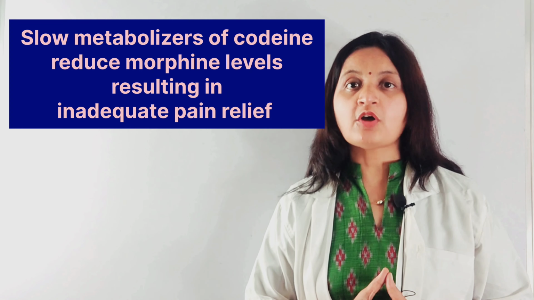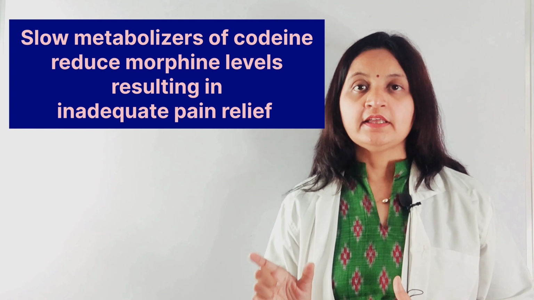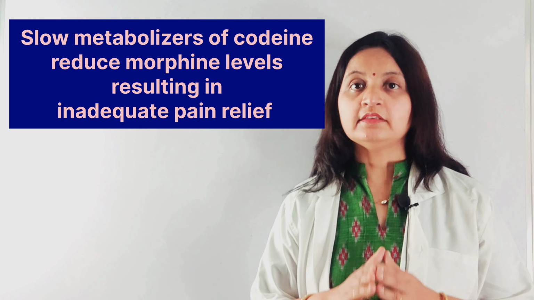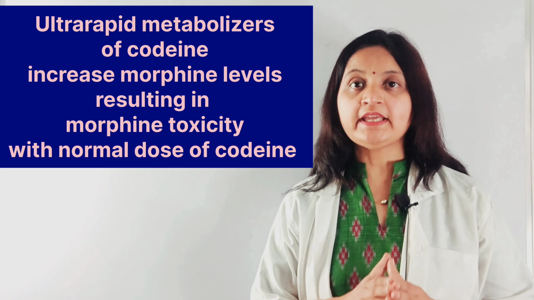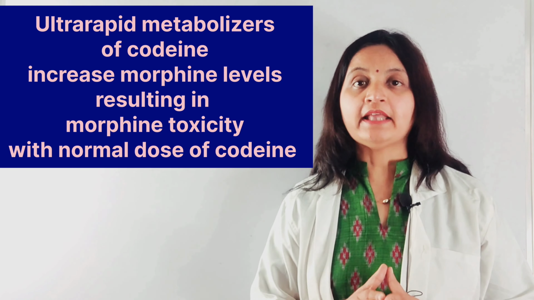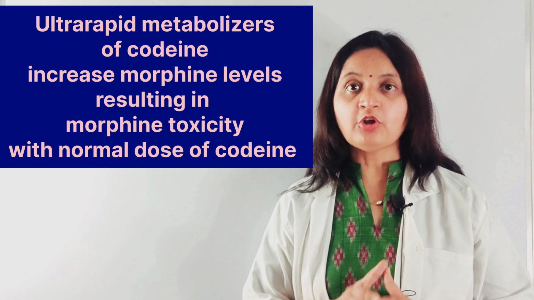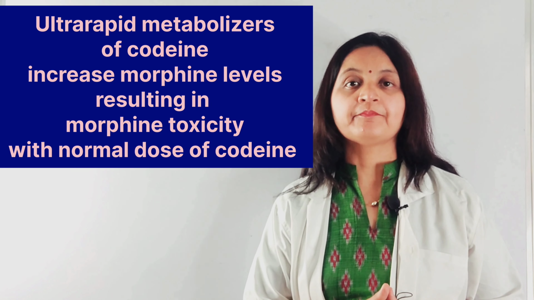Slow metabolizers of codeine have reduced morphine levels. This decreases the therapeutic effect of codeine and the pain relief is inadequate. Whereas ultra-rapid metabolizers convert the codeine to morphine rapidly, and this leads to increased levels of morphine and morphine toxicity with a normal dose of codeine.